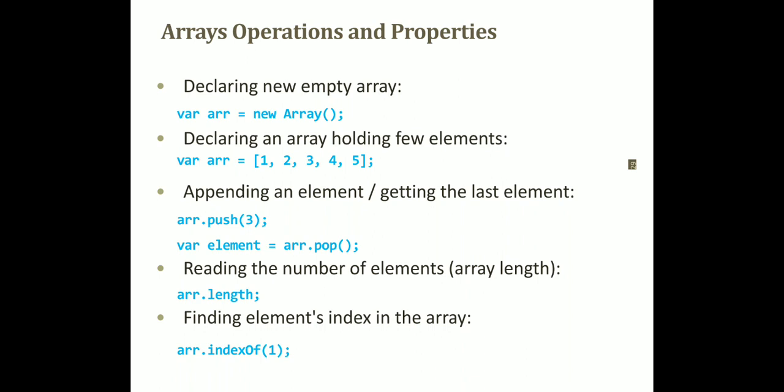Push is for placing that particular value on the stack, and pop will remove that element, right? So r.push will push that particular value at place 3, and element equals r.pop means it will pop the element from that array.